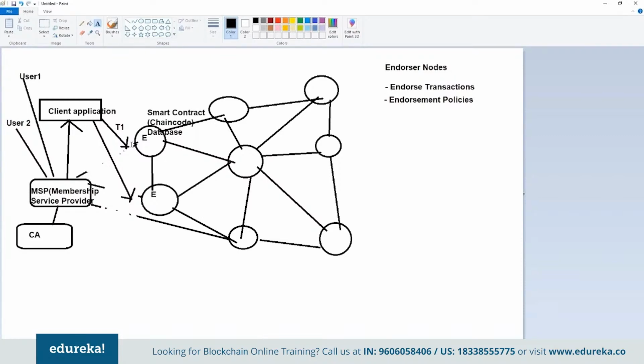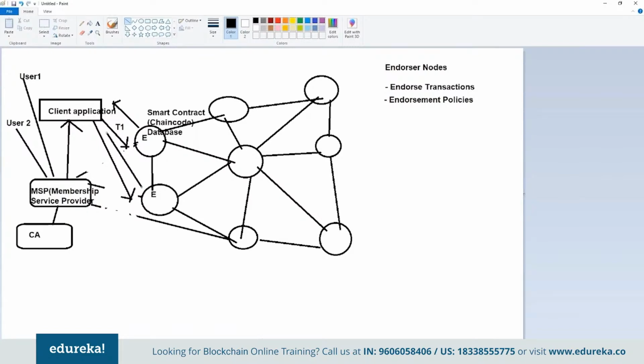All these kinds of things can be checked by the endorser node, and they will reply with the read-write set. So they will reply whether this is a valid transaction or not. They will get the transaction request and both of them will reply with the validity of that transaction.